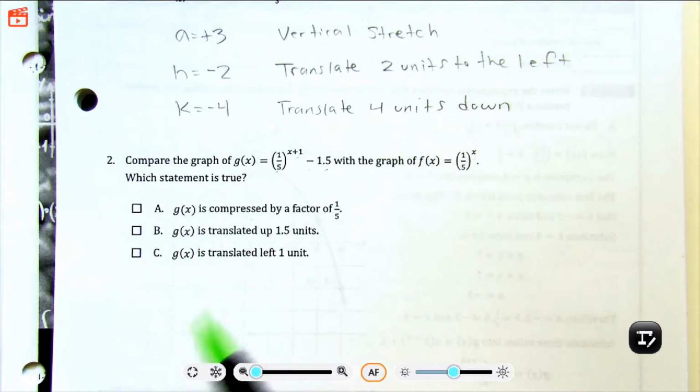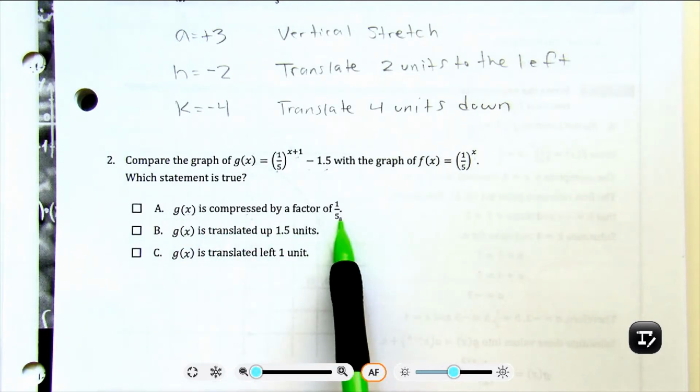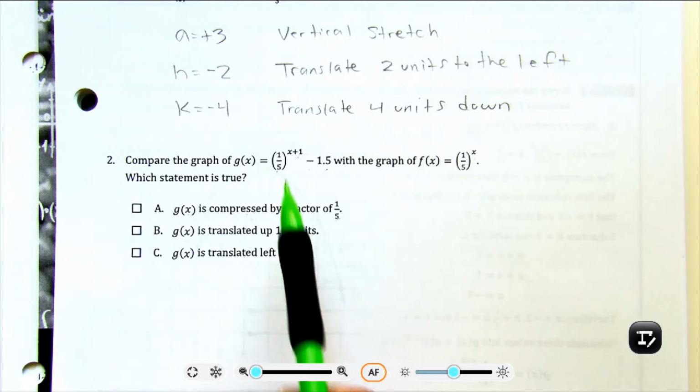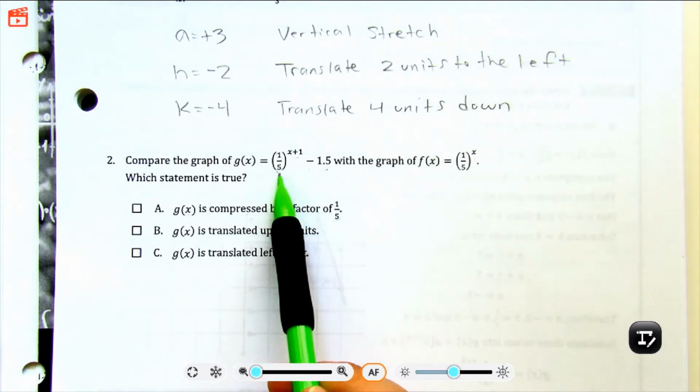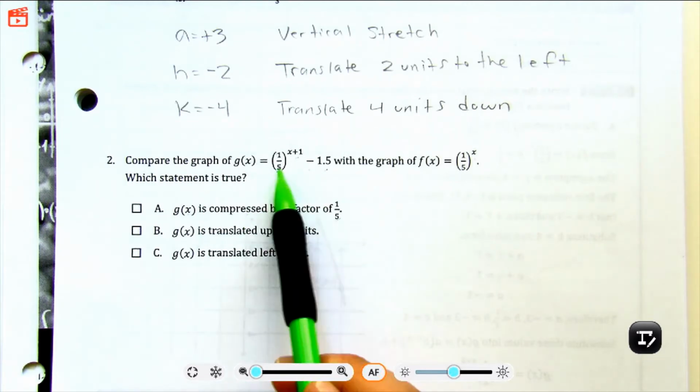The first statement is g of x is compressed by a factor of 1/5. Now I do see that there is a 1/5, and what determines a compression is if A is 1/5, but this 1/5 belongs to the B. So this is incorrect.